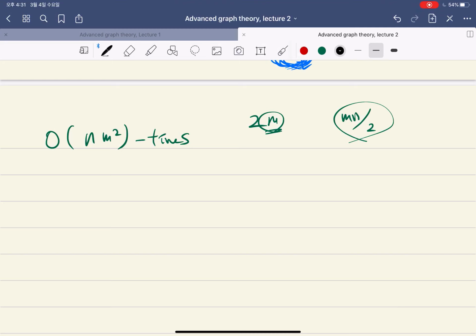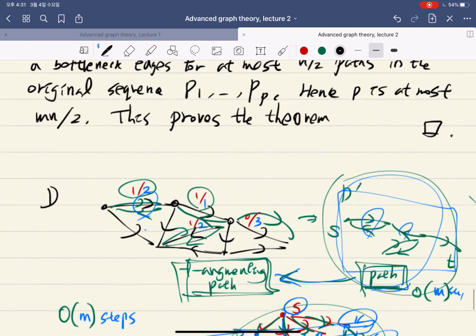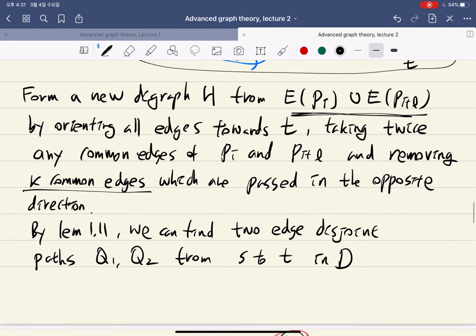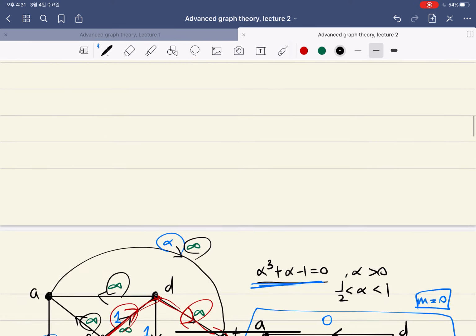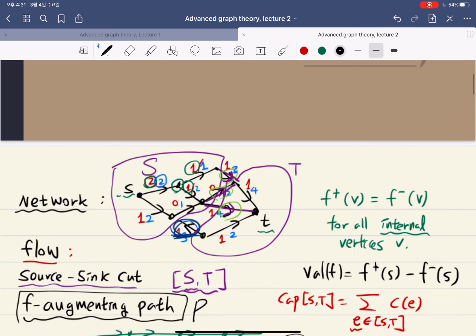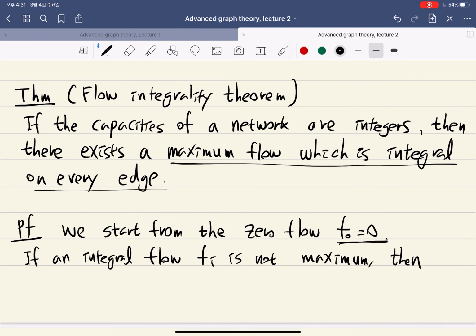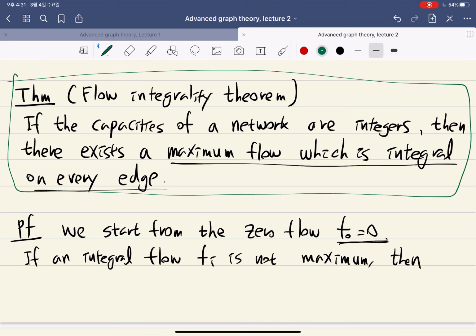So today we showed that if the capacities of a network are all integers, then there exists a maximum flow with integral value. This is useful as most of our applications are centered on graph theory or combinatorics problems. So this flow integrality theorem is useful: we know there exists a maximum flow which takes integer values as long as all the capacities are integers.